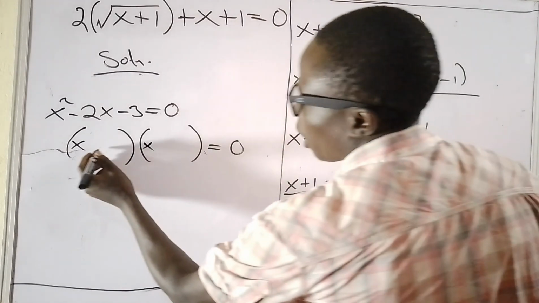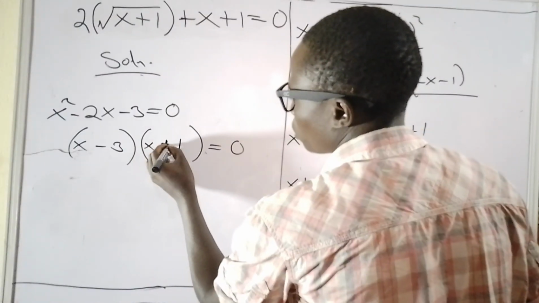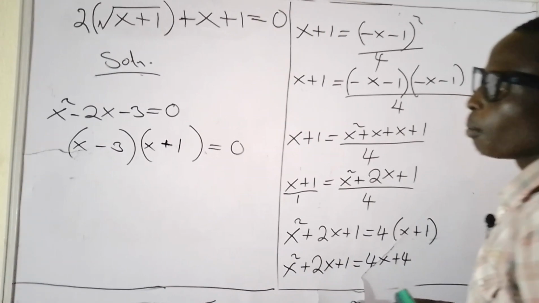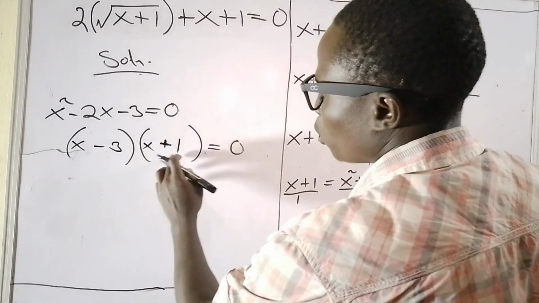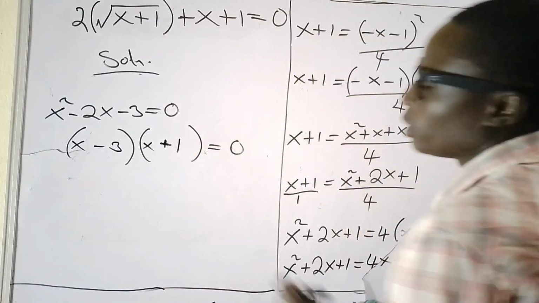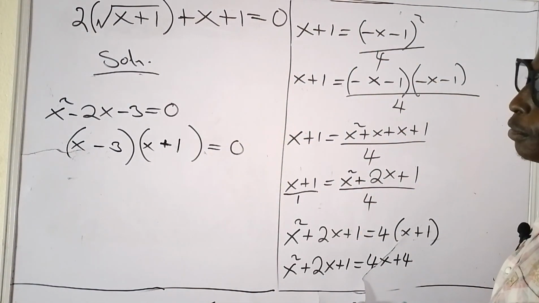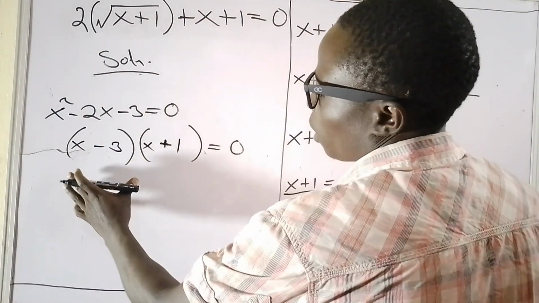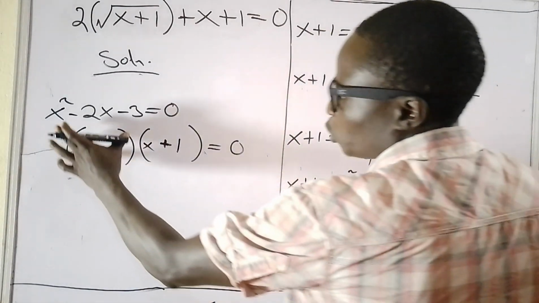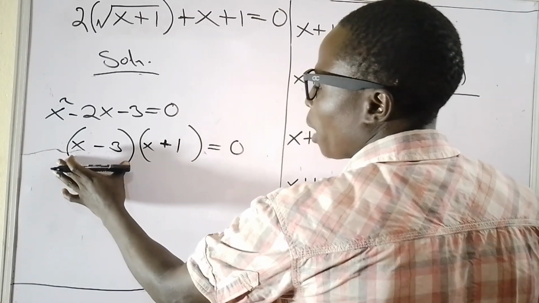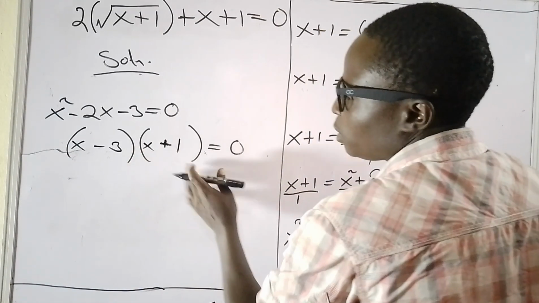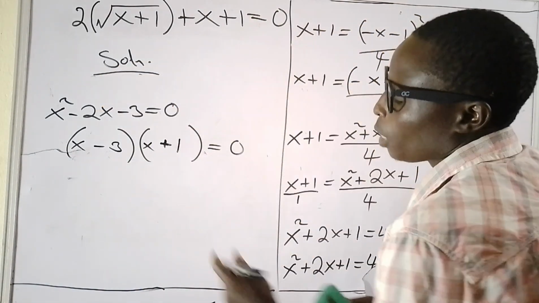And this result, because minus 3 plus 1 is minus 2, and minus 3 multiplying positive 1, the answer will be negative 3. You may decide to check this equation back by multiplying this using normal multiplication operation and see whether you have this equation back.